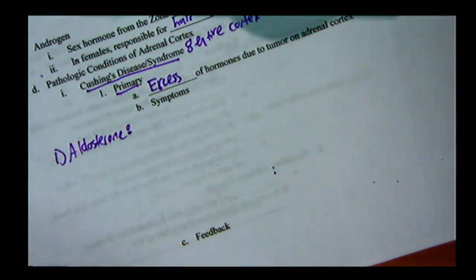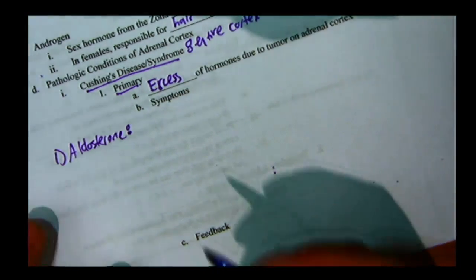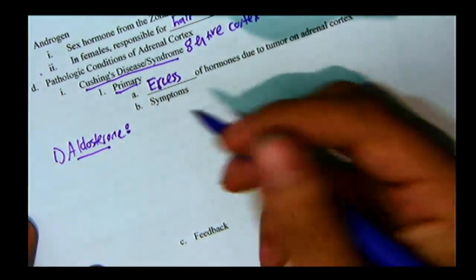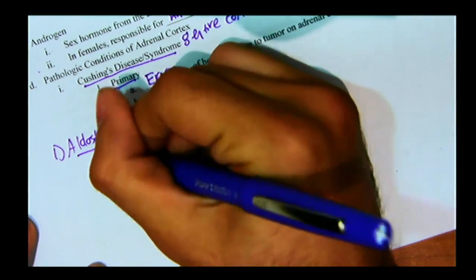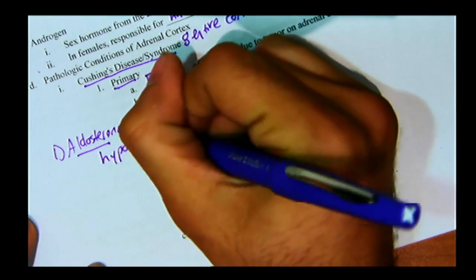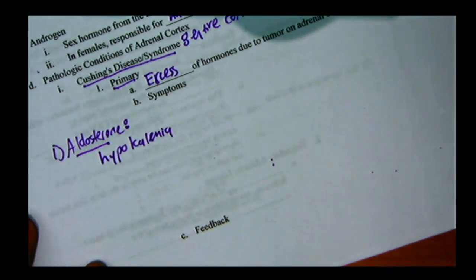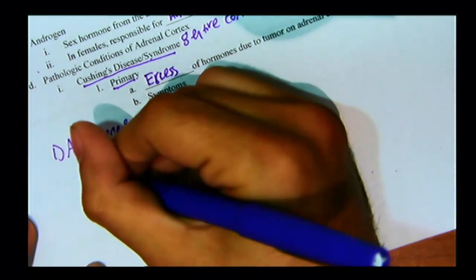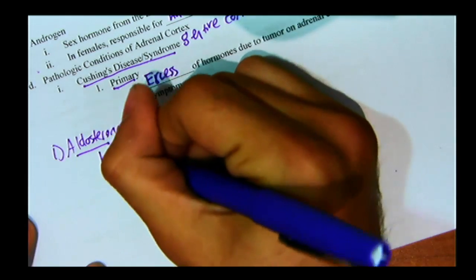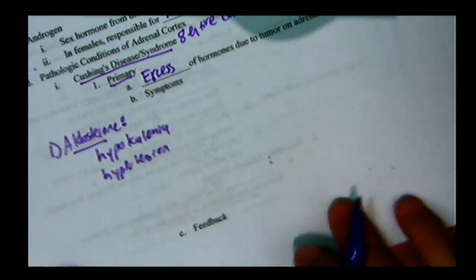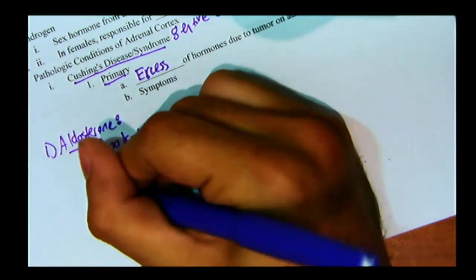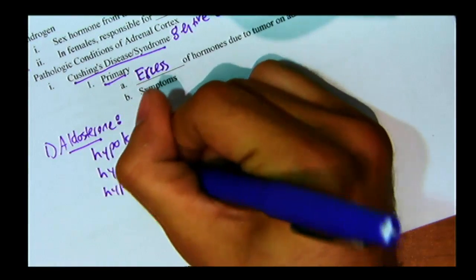What else? Hypernatremia. What about urine? Is it going to be acidic or basic? Acidic urine. And basic blood. So you'll have these symptoms for Cushing's.